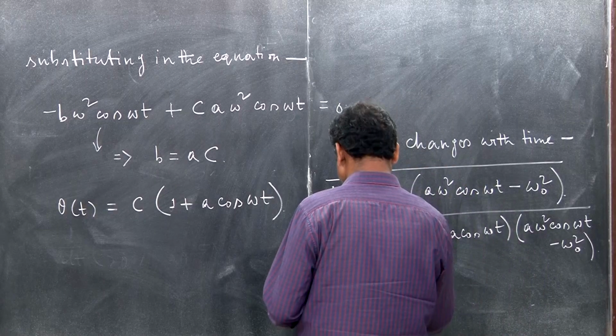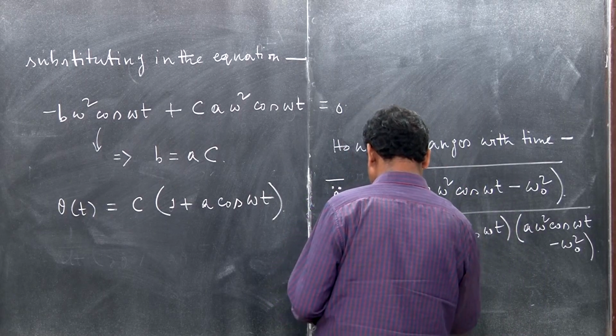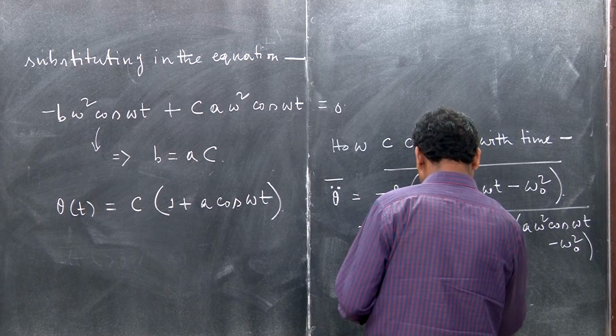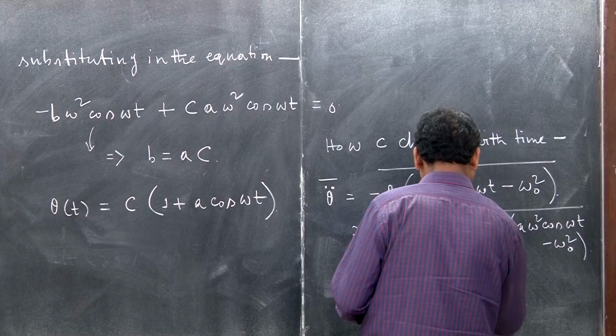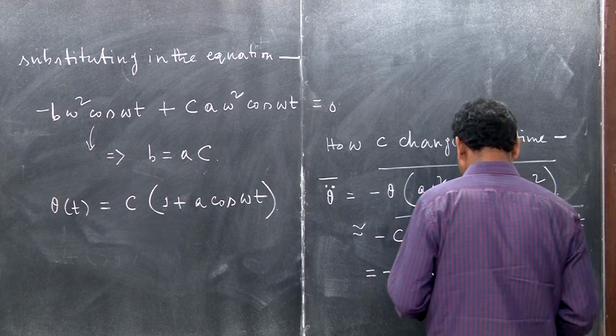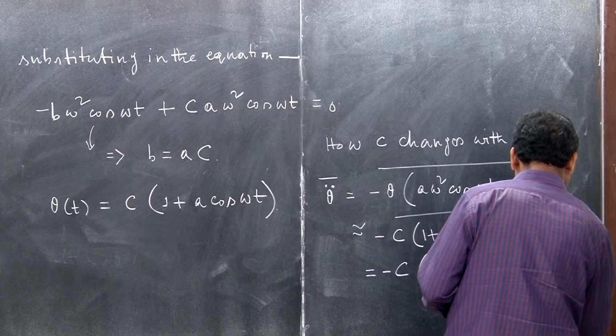Substituting, it becomes minus C, a square omega square, bar cos square omega t, minus omega 0 square.